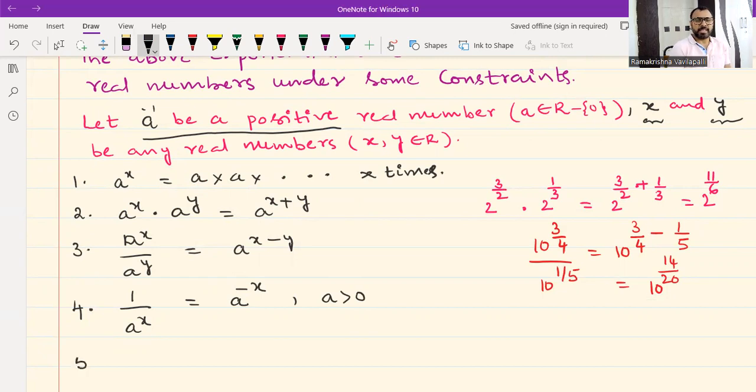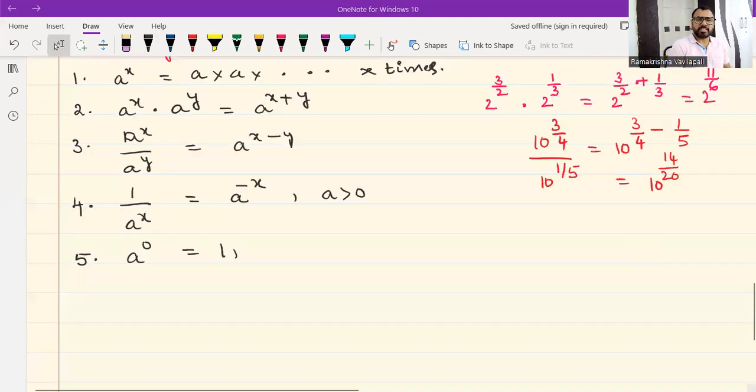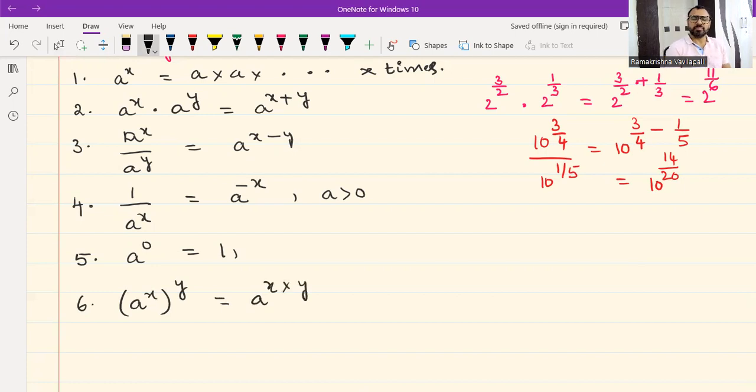The fifth rule is that a^0 equal to 1, where a is greater than 0. The sixth rule is (a^x)^y, same as the previous one, this is a^(xy).